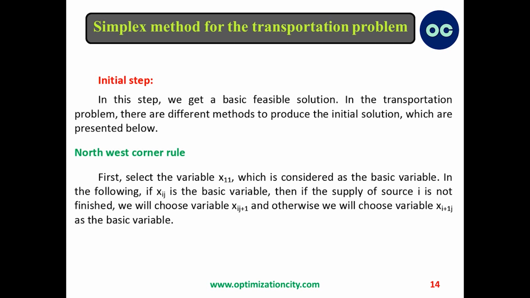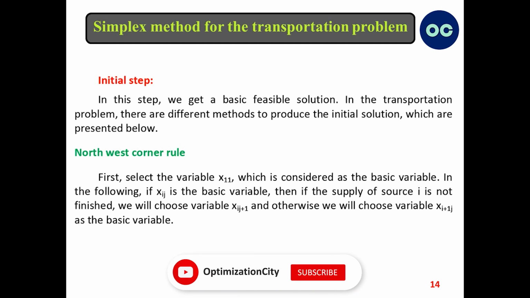the greedy manner. So these are the steps here. First, we begin at the top left cell of the transportation matrix. In the second step, allocate the maximum possible amount of units from the current cell to the corresponding supply and demand. In the third step, move to the next cell to the right if the supply in the current row is exhausted, or move down if the demand in the current column is fulfilled.